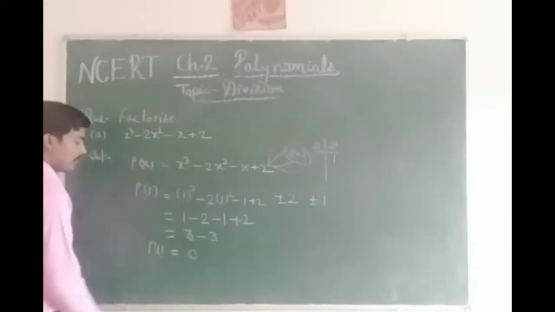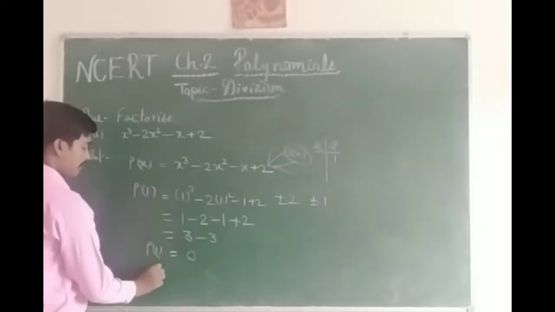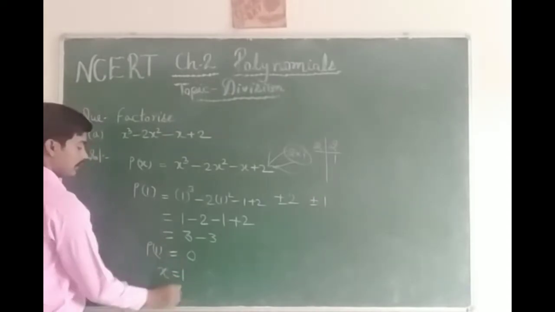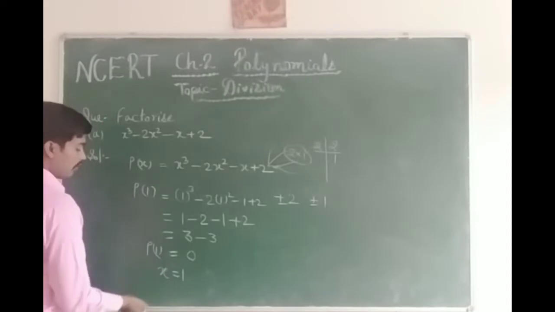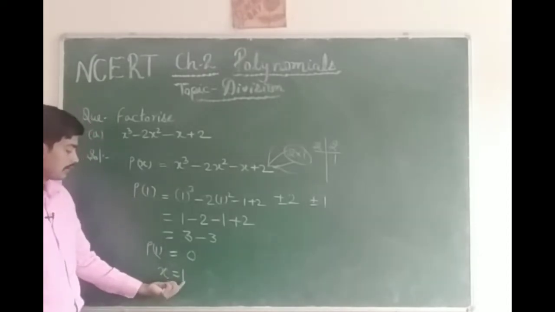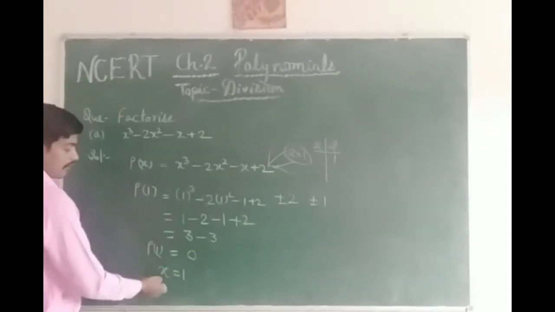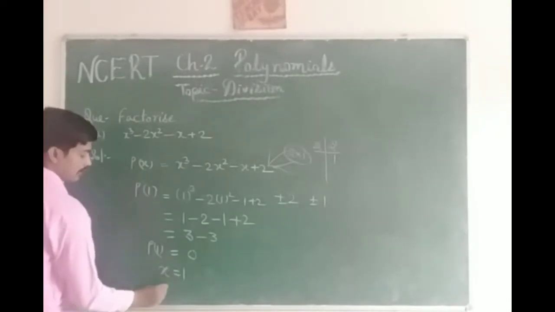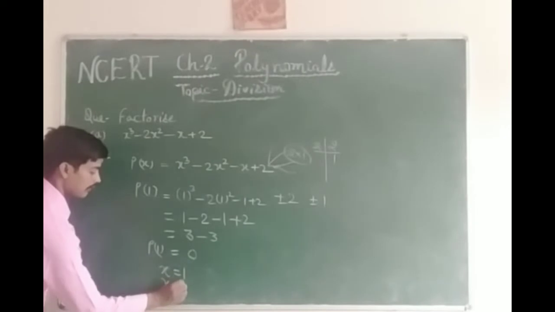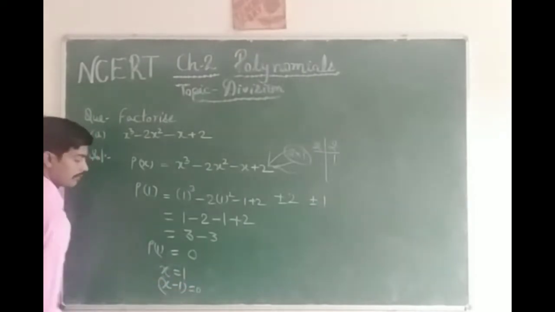P(1) is equal to 0. Means when we put x equals 1, then the binomial becomes 0. Now transfer this one to the LHS: for which value does this binomial become 0? To transfer to the LHS, it becomes x minus 1 equals 0.